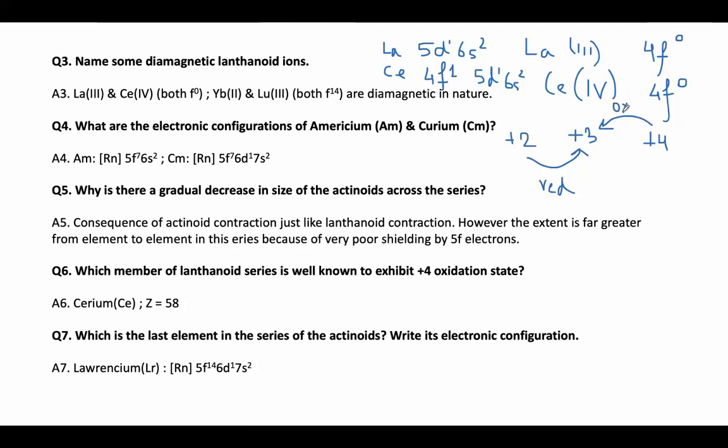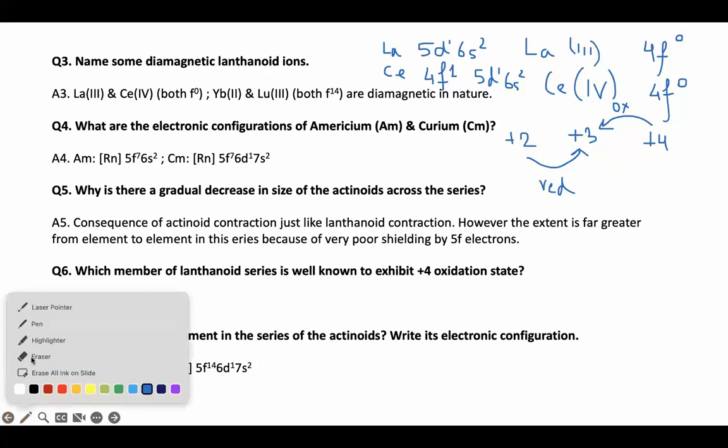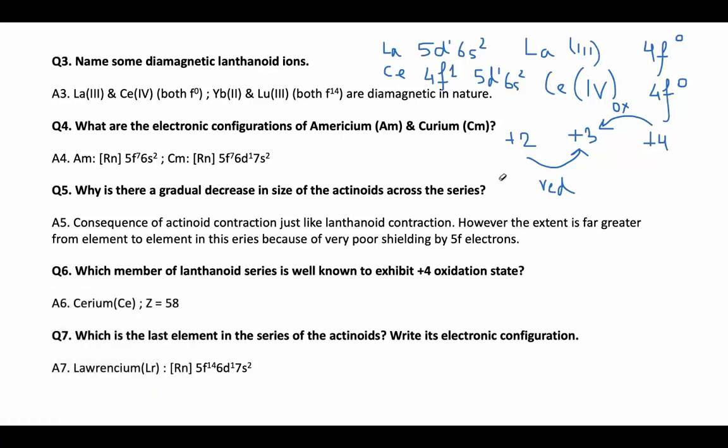That's why cerium 4 is a very strong oxidizing agent, but europium 2 or ytterbium 2, these two are very strong reducing agents. So basically, this is one of the tricks for you to understand how you can answer why something is a very strong oxidant or why something is a very strong reductant.